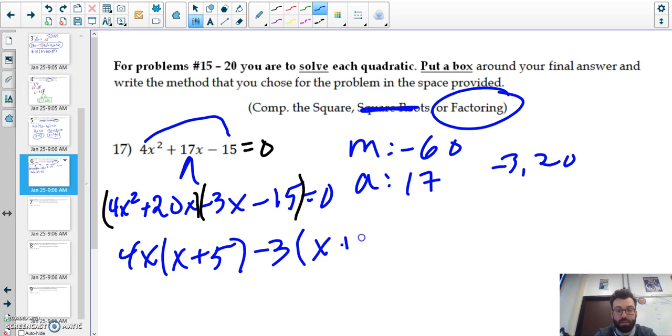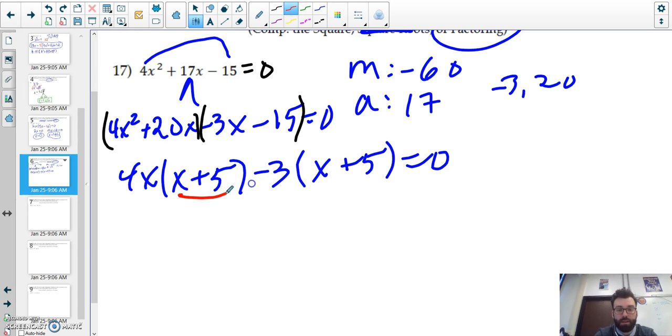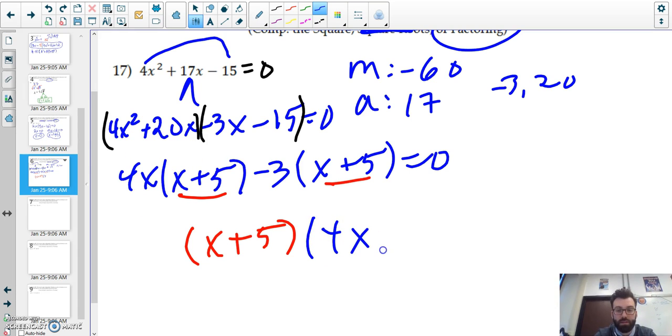You get x plus 5 as well. Remember, now, these two match. So that automatically is one of my factors. If I take out x plus 5 in the first, I'm left over with 4x. If I take out x plus 5 here, I'm left over with negative 3. And that equals 0.